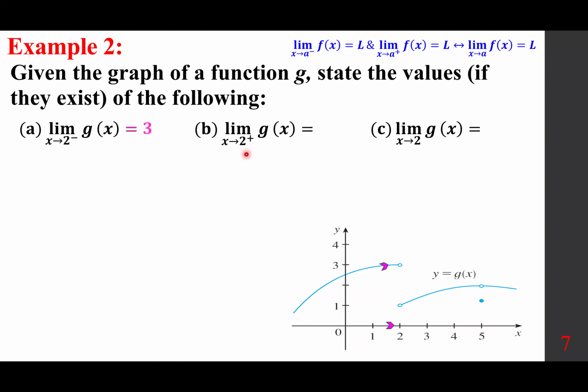Limit of g of x as x approaches 2 from the right. So here's the right side of 2. Here's the branch we are moving towards this point, which has a y coordinate 1. Since they are different, the limit of g of x as x approaches 2 does not exist.